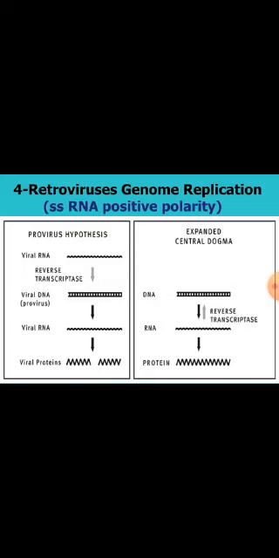Retroviruses have a special replication cycle. Its genome is single-stranded RNA of positive polarity, but the virus here has a unique replication cycle as it contains a unique enzyme called reverse transcriptase enzyme. Reverse transcriptase makes transcription in reverse direction. As we said before, in the normal central dogma, DNA is transcribed to RNA.